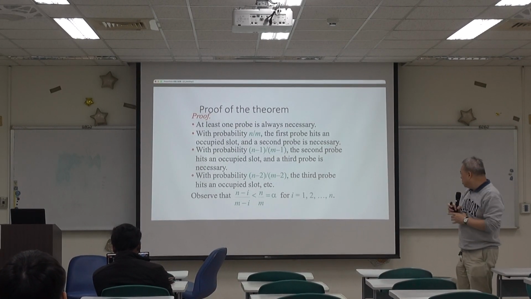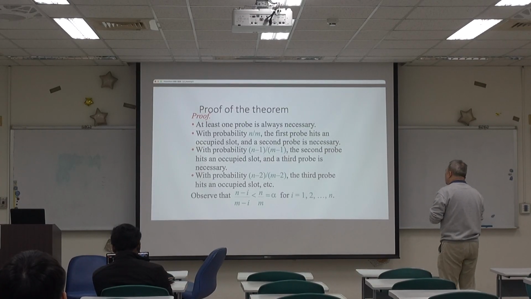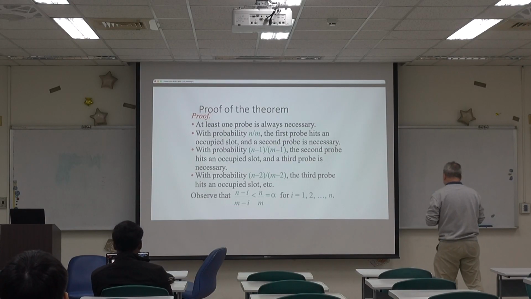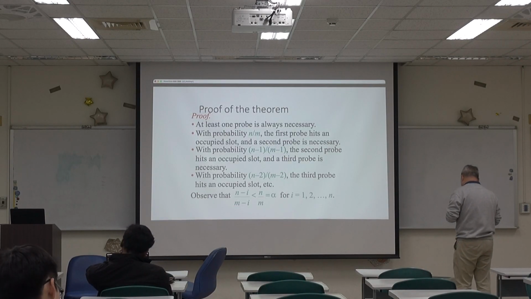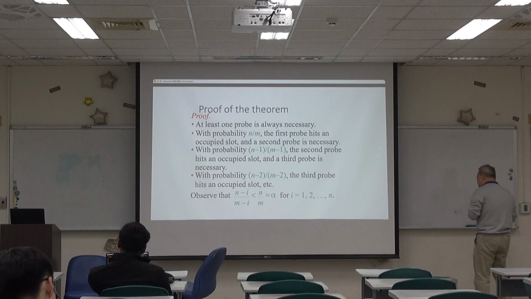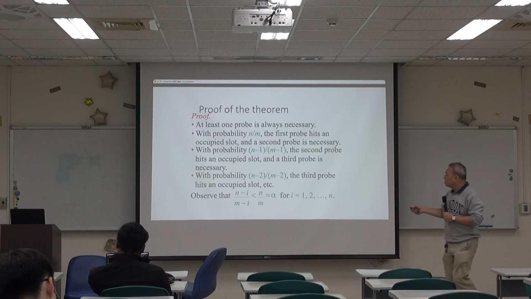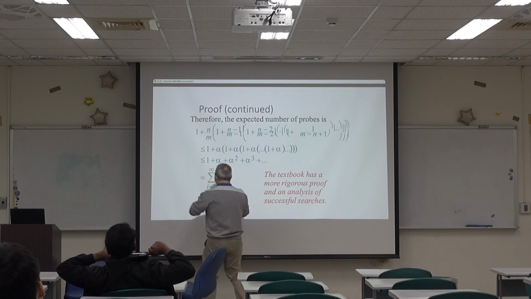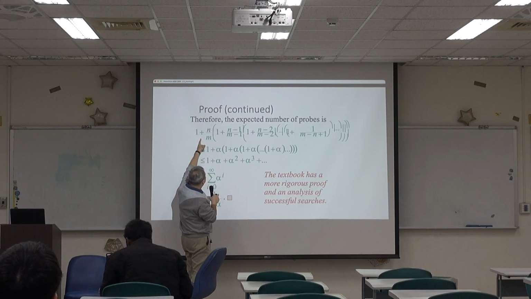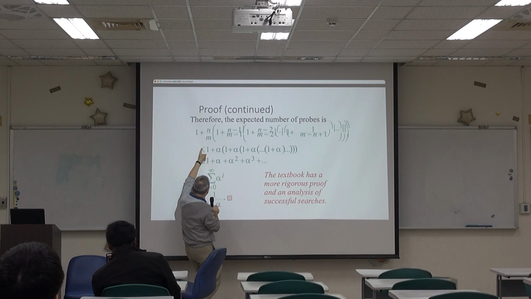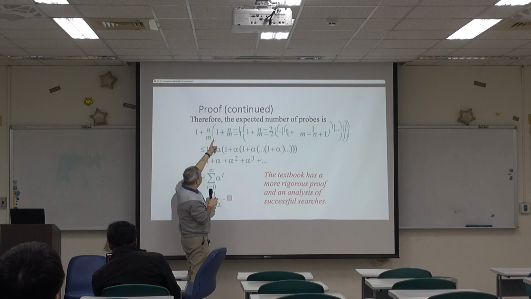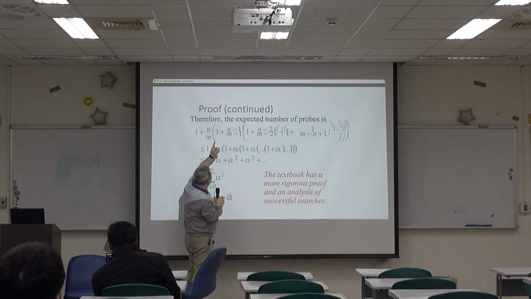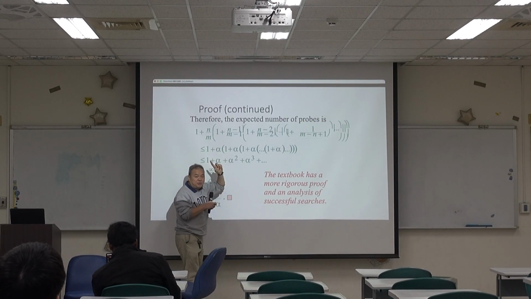So, it's going to be 1 plus, okay, with this probability, because there's a collision, you need to do one additional probe, right?